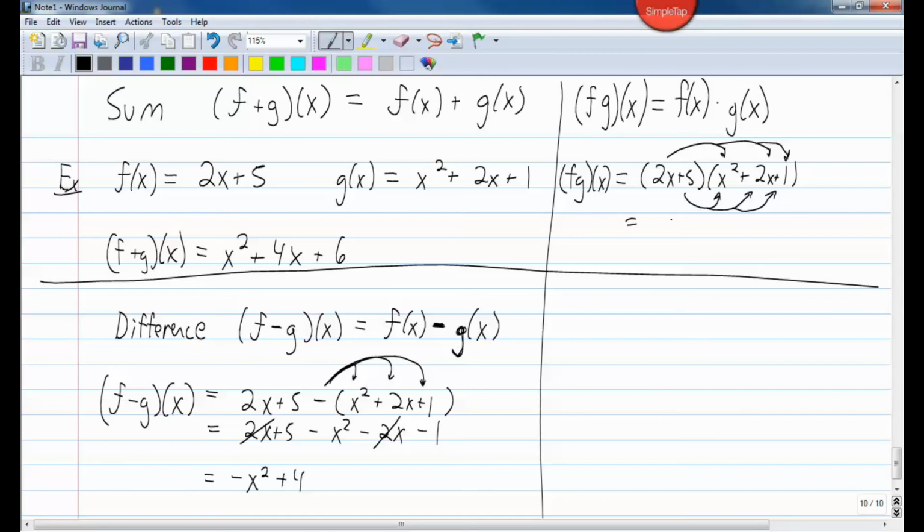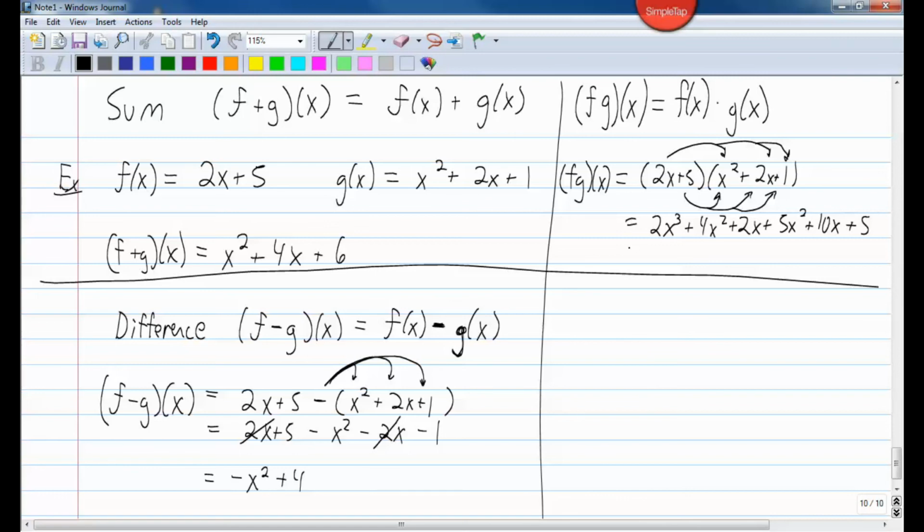So let's see what we would have. 2x times x squared is 2x cubed. 2x times 2x is plus 4x squared. 2x times plus 1 is plus 2x. 5 times x squared is plus 5x squared. 5 times 2x is plus 10x. And 5 times 1 is 5.